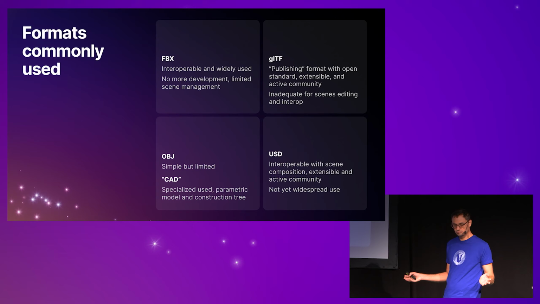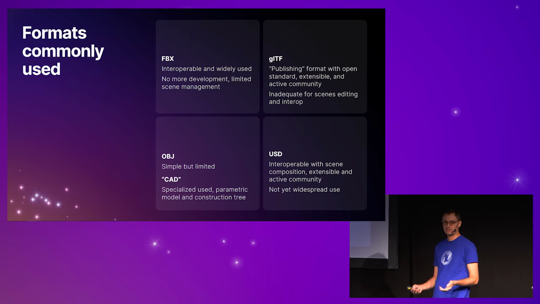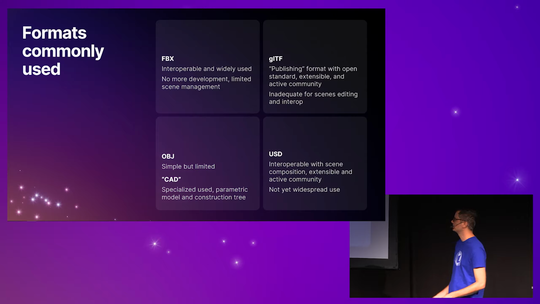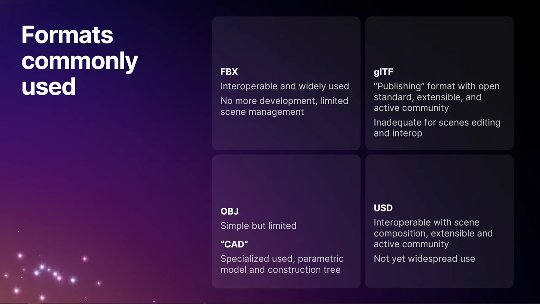There's an active community requesting new features and all of that. So it's quite moving forward on this point. But even though Khronos is discussing whether we can use this format to represent scenes, it's not really made for that. So something to consider.